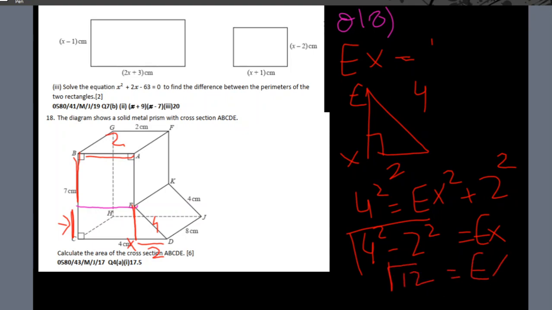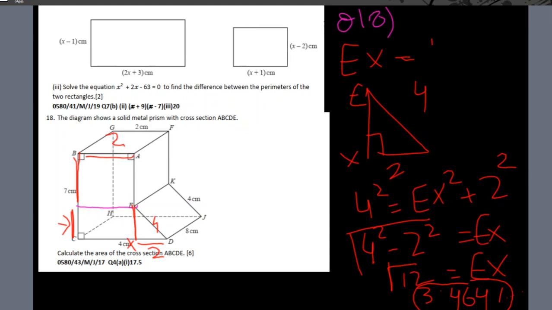So I could write this as decimals. Root 12 is 3.4641 and some other numbers. If I round it off here, I won't get the final exact answer, although the examiner will accept it.